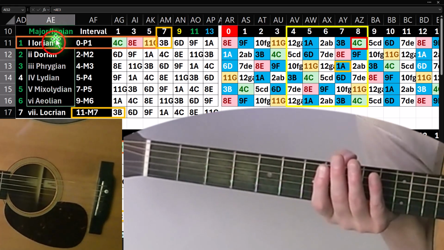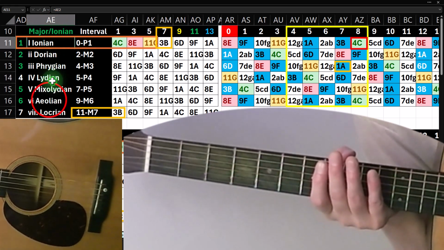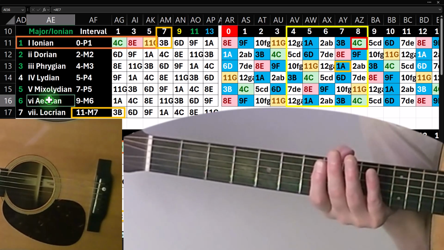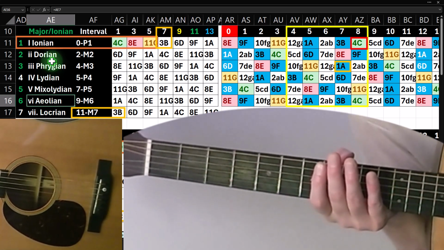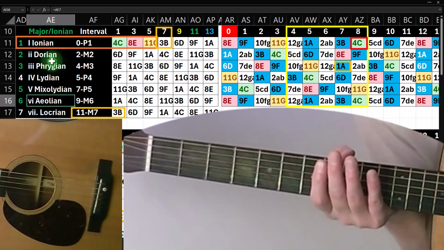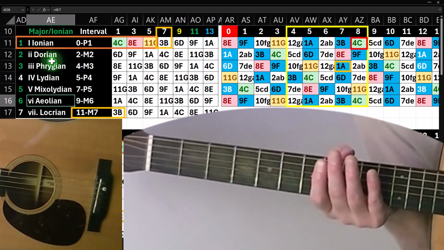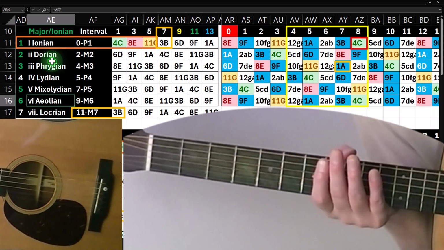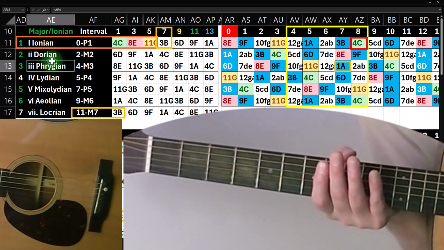So if I learn the major mode and then I learn the minor mode, which is also the Aeolian, then for all of the other modes, all I have to really do from this interval standpoint is learn the one interval that is different between its related major and minor.